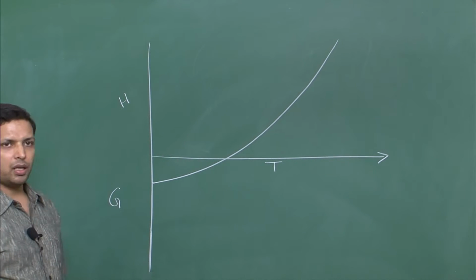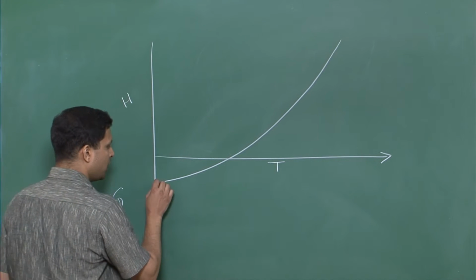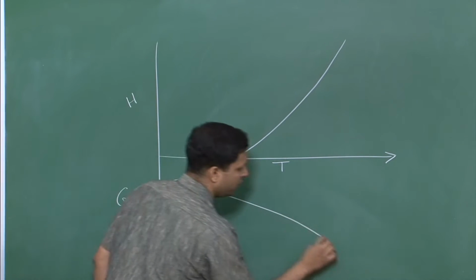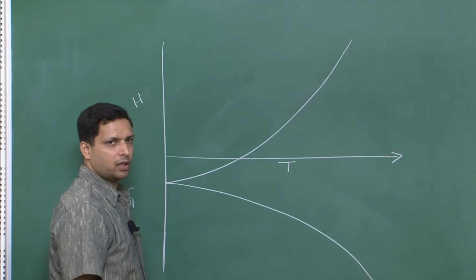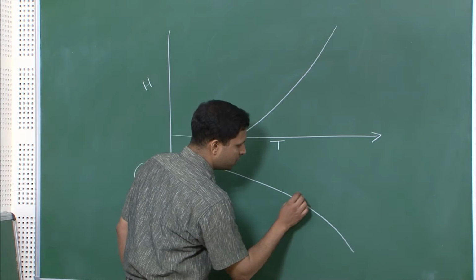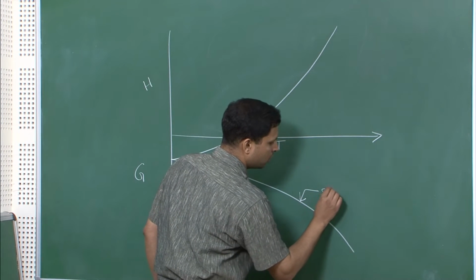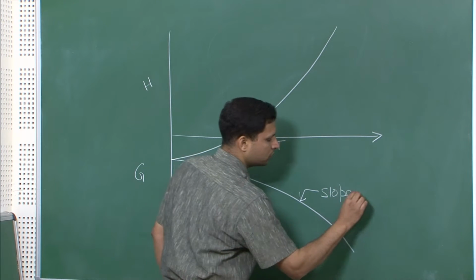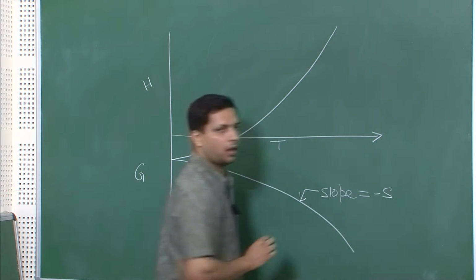H will also be increasing with temperature, and G will be decreasing with temperature. And like we said, del G over del T is equal to minus S, it means that the slope is equal to minus S.